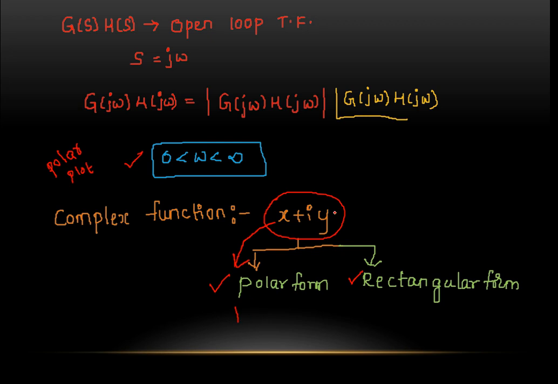The magnitude of x plus iy is the square root of x squared plus y squared. And the phase of x plus iy is tan inverse of the imaginary part by the real part, where the imaginary part is y and the real part is x.